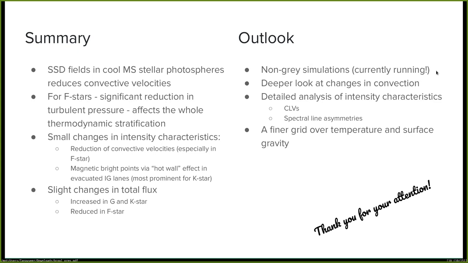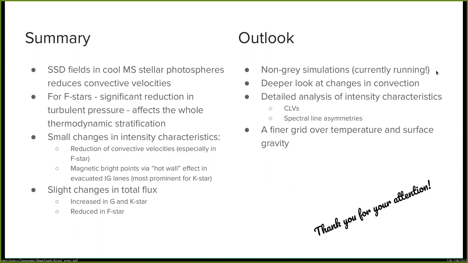So there will be changes. I can't say directly what exactly those changes would be, but you do expect there to be some changes. And this has been shown to be the case for the sun for similar simulations using MURaM. So I do expect to see some changes at least.